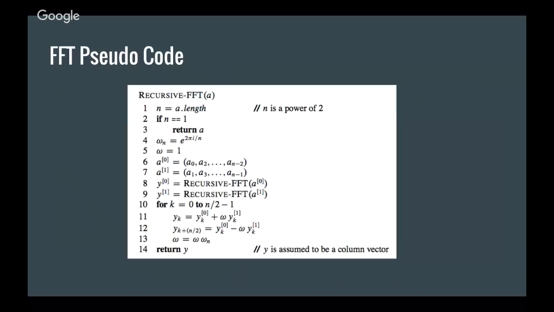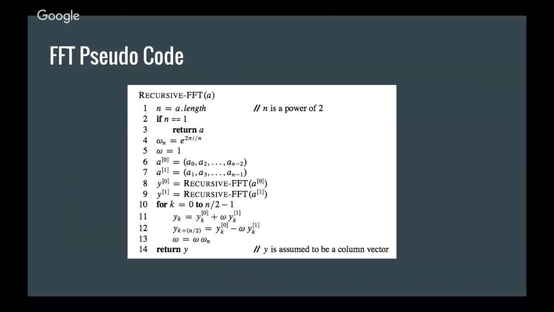And this allows it to keep a running value of omega from iteration to iteration, which ends up saving us time in the end.